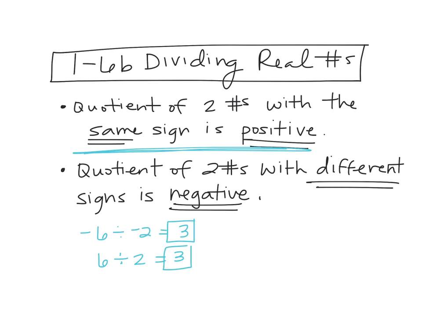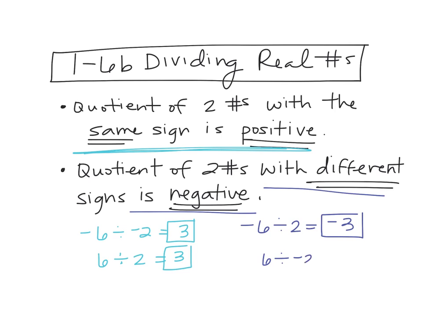Okay, how about this then? If I did -6 divided by 2, what would I get? A negative, because you have one of each. It would be -3. What if I did 6 divided by -2?